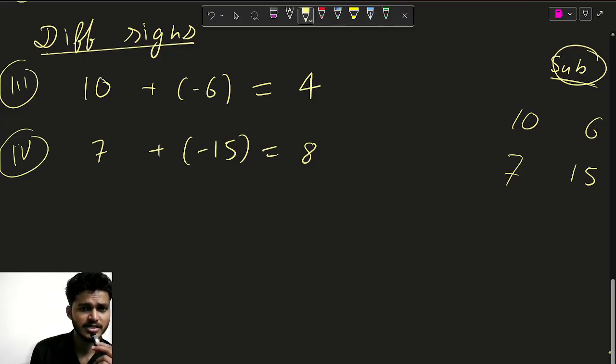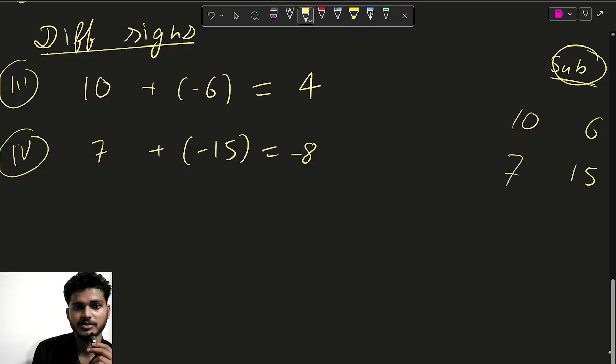So if minus 15 has higher absolute value, then the sign of this 8 is going to be according to minus 15. What is the sign of minus 15? Minus. So this number will also be minus. Now you see, I told you not to use plus and minus, but I am only using it. So I'm sorry about it. Negative.